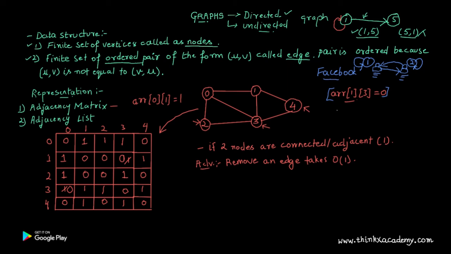One more application of the graph data structure is that it can be used to find the shortest path between two nodes. Let's suppose I want to find the minimum distance taken by a person from 0 to 4. So let's suppose 4 is the destination.